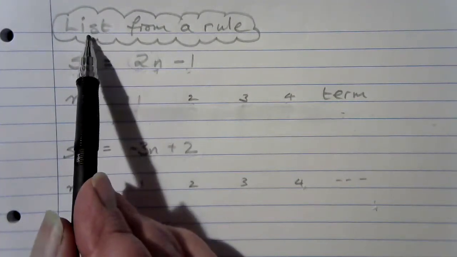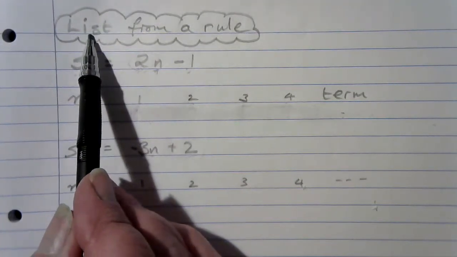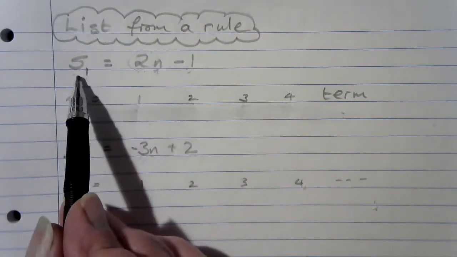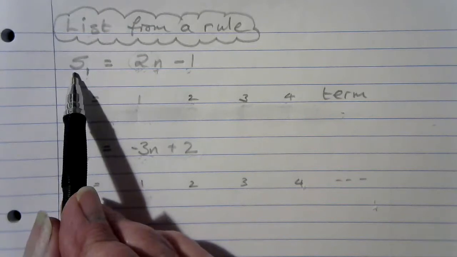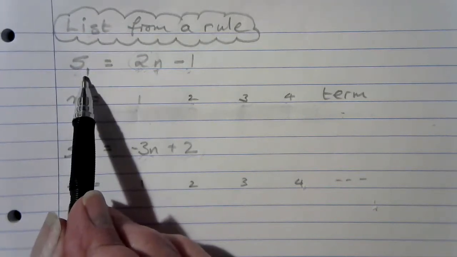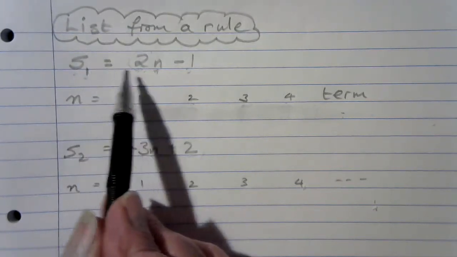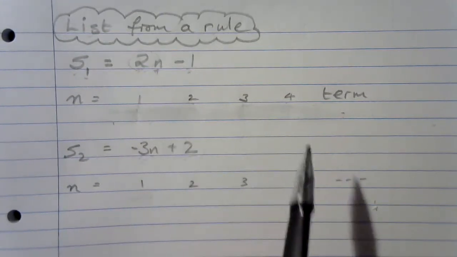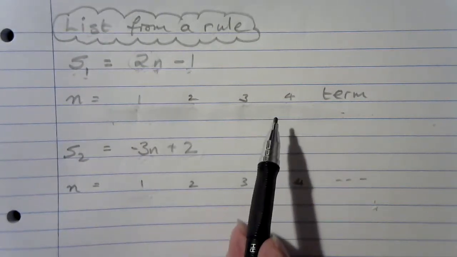Okay, let's move on straight away. Now, if I want to generate a list from a rule, first of all, I write out the rule. So S1, that's sequence 1, follows the rule 2n minus 1. Now let's be clear what we mean here.